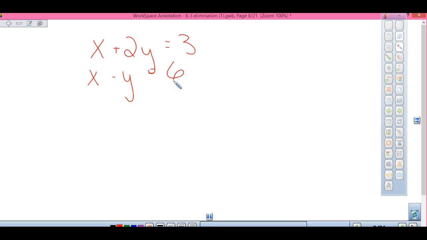Okay, so how do I change the signs of something? Remember when I have -y equals -8? How did we get rid of that negative? We divided by -1. Okay, in order to change my signs, what you need to do is multiply everything in that equation by -1.